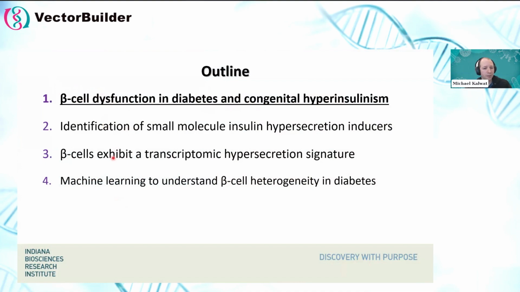And then I'll describe some approaches we took to identify the target of that compound and use it as a tool to study the phenotype of hypersecretion in beta cells. And at the end, I'll touch on a new project that I'm working on with one of my collaborators to apply machine learning to single-cell RNA-Seq data from human islets to try to understand beta cell heterogeneity, which impacts diabetes.